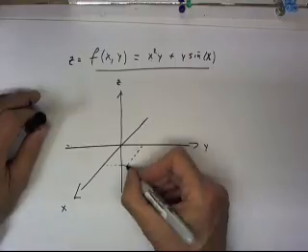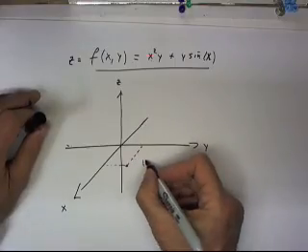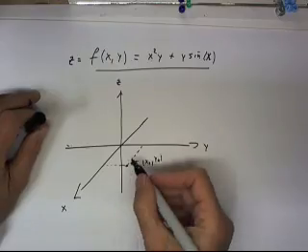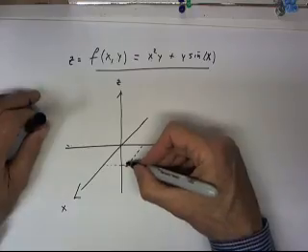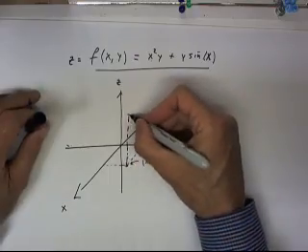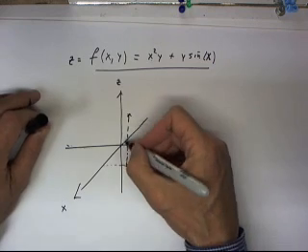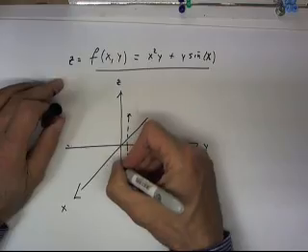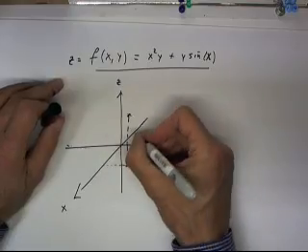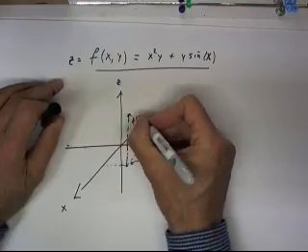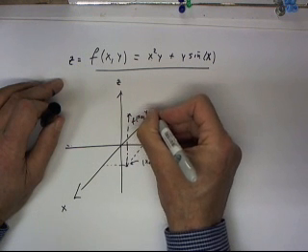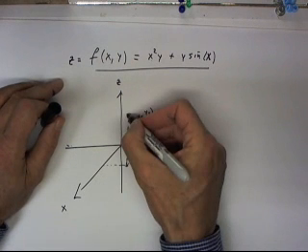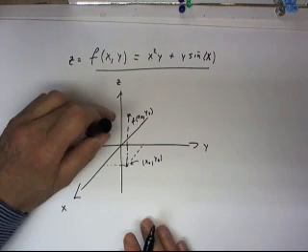So if this is a point, let's call it x naught, y naught, then plugging those in, we get a z value, and the height of this line is going to be f of x naught, y naught. So we have the point x naught, y naught, and a point f of x naught, y naught on the graph.